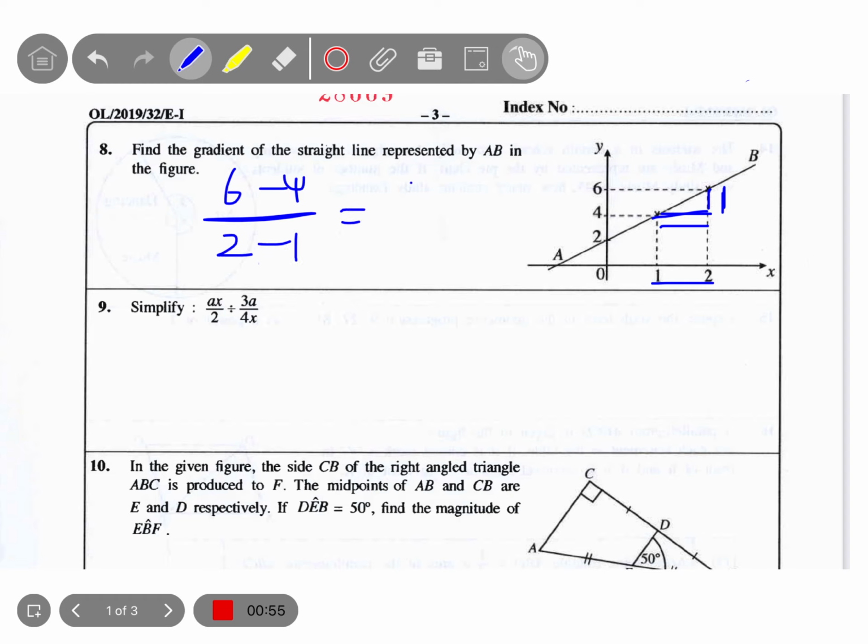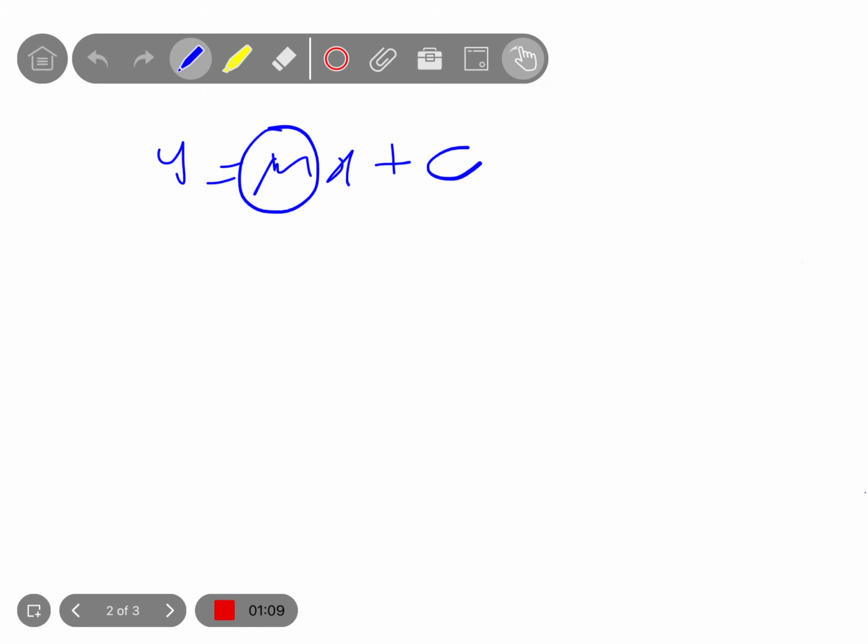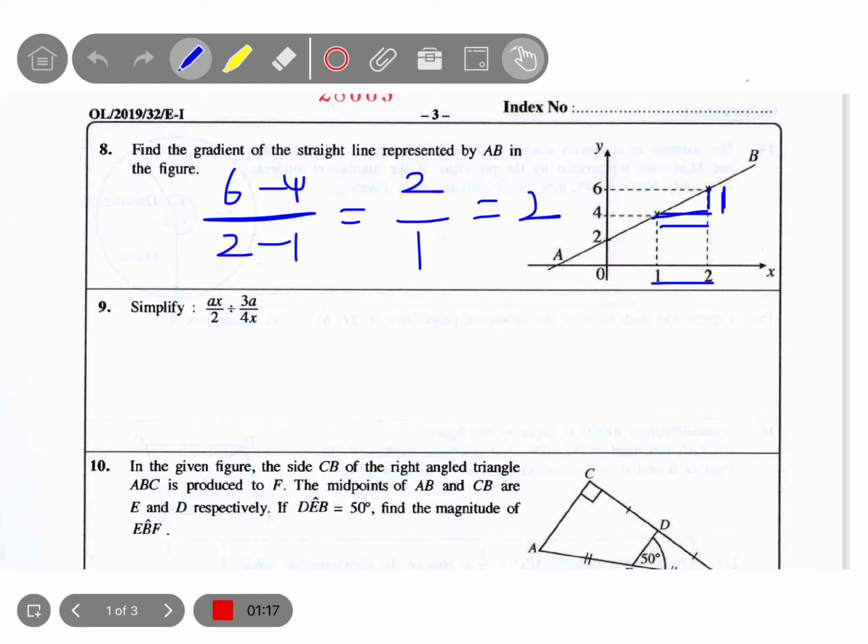So 6 minus 4 is 2, 2 minus 1 is 1. So the gradient of this particular line is 2. Okay, so there are other types of graphs as well, parabolic graphs for example. Those type of questions might come in the second paper, so we'll have to see that. Okay, so moving to the next question.